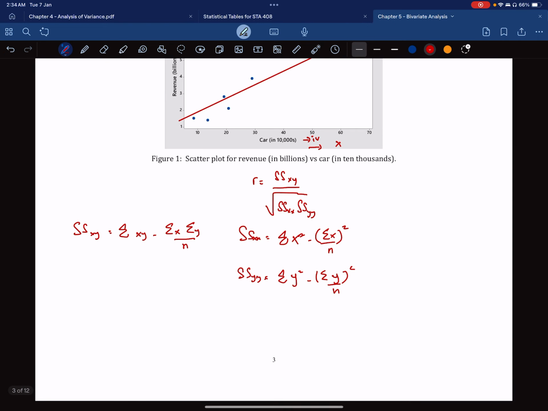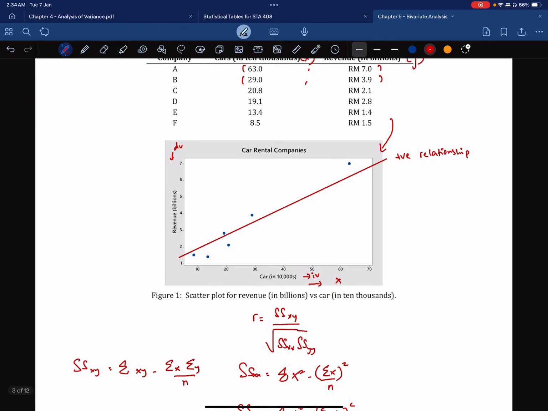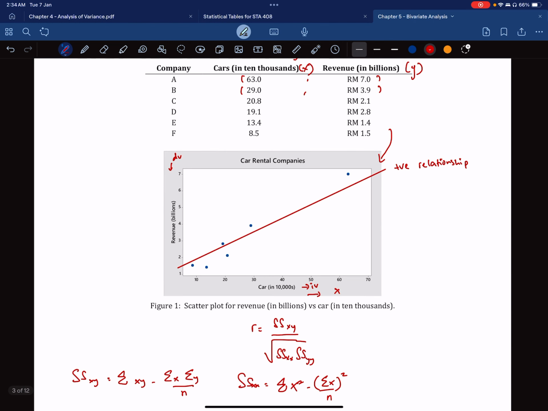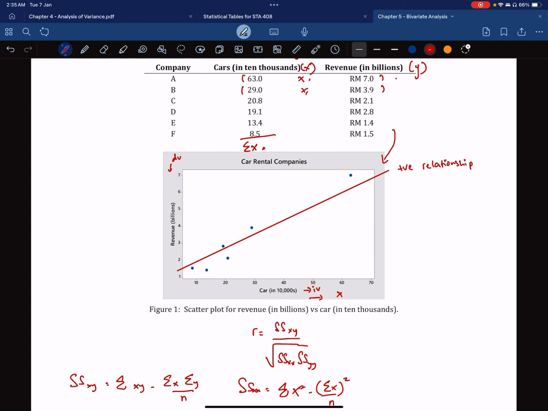So how do we get these particular values? You can manually calculate. For the summation of xy, you multiply each x by its y. If you total the x values, you get the summation of x. If you total the y values, you get the summation of y.